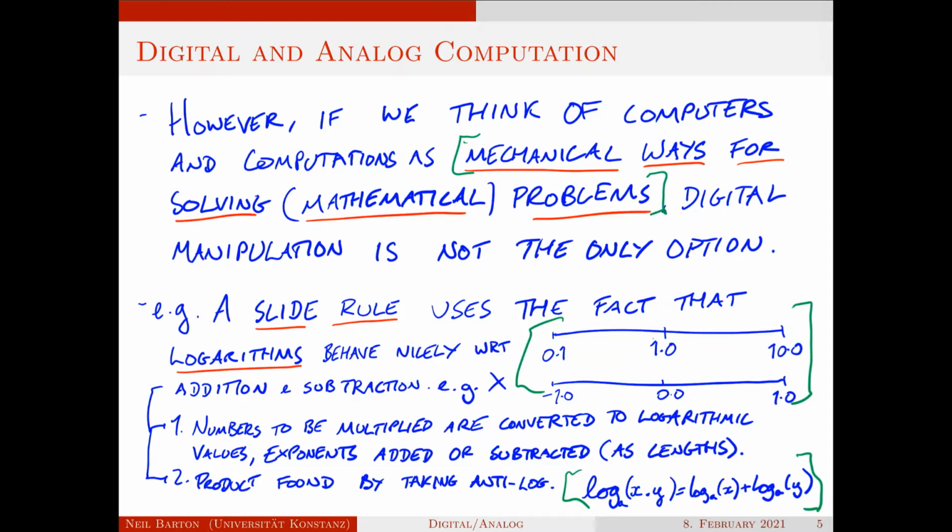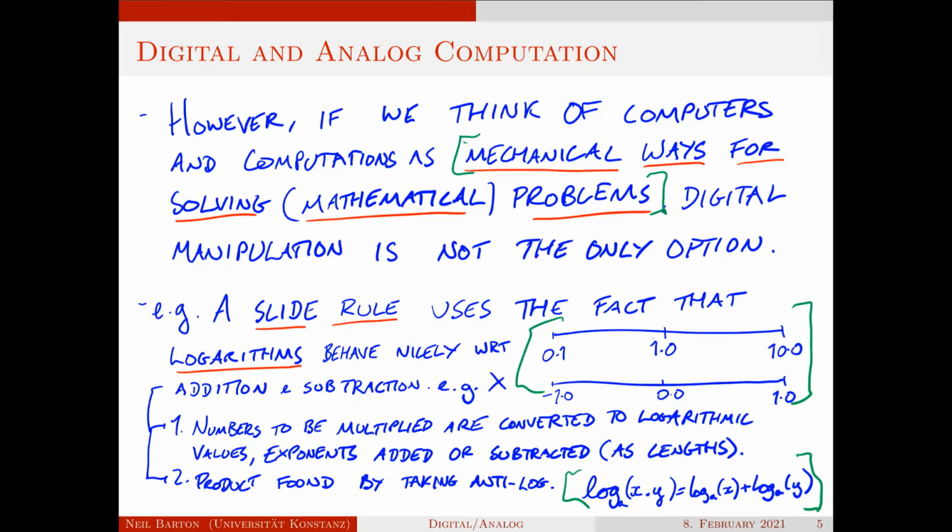And in particular, it's not just that there's this analogy going on in the case of a slide rule, for instance, but also that the particular things you're modifying, in this case adding lengths, are not discrete things, right?